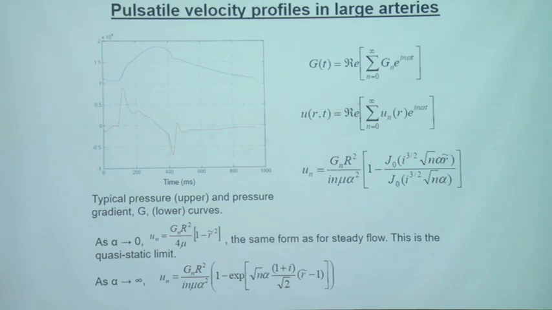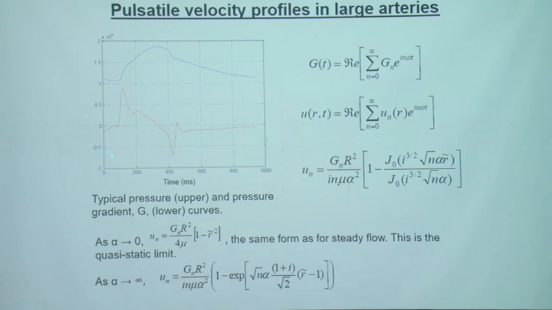Right, so this is the reality. This is what the pressure gradient and the pressure look like. Apologies for the labels. I think I should have had the labels before, but somehow they disappeared.